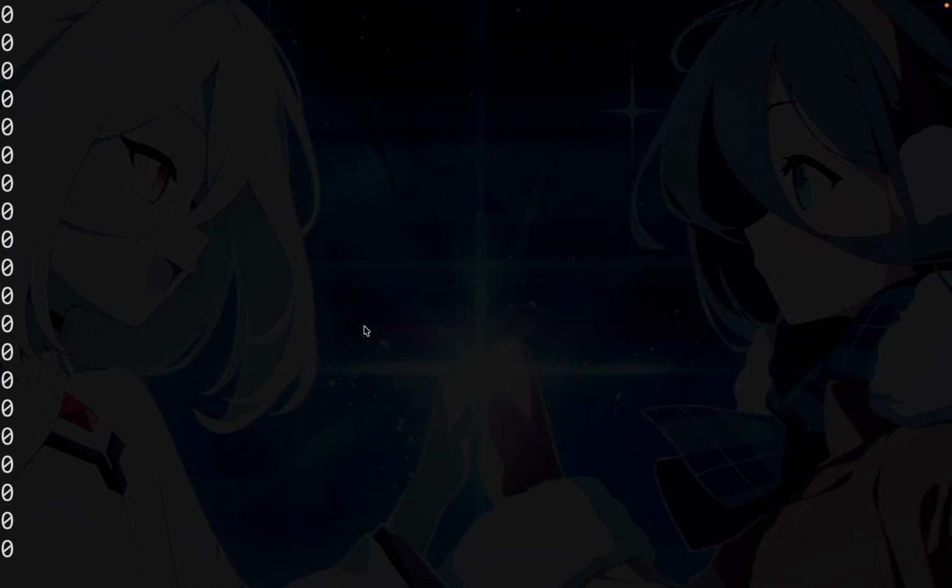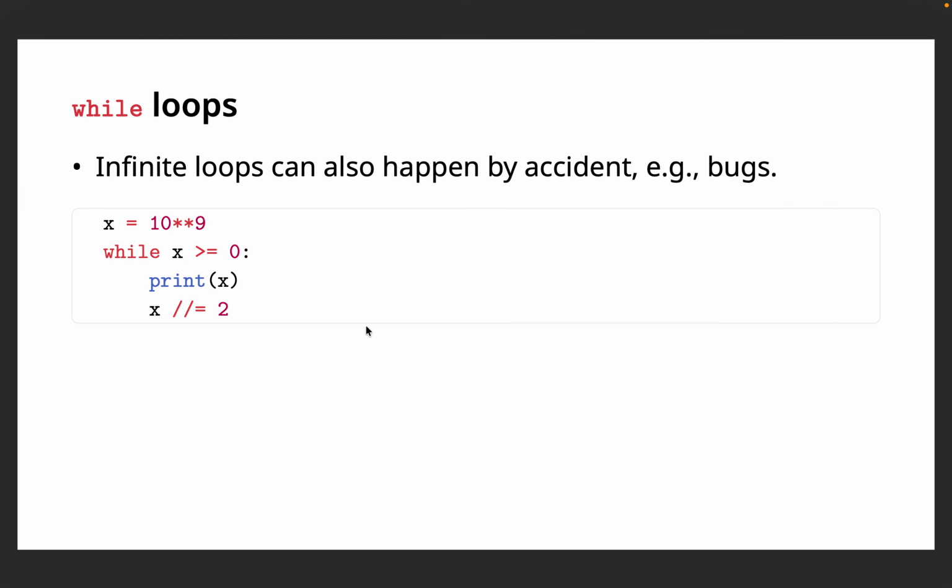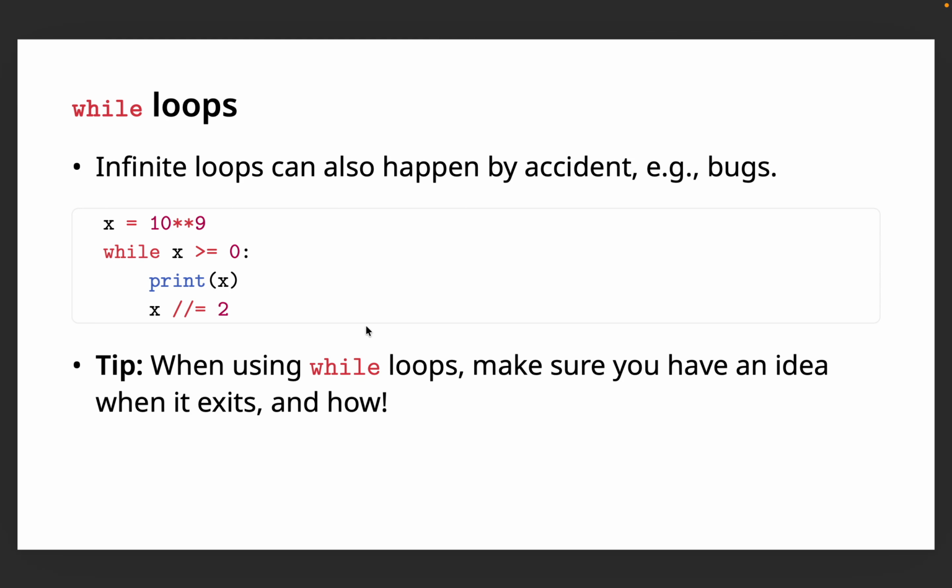So this is an infinite loop, so be careful about that. Whenever you make a while loop, it's very important that you know for sure when this condition actually becomes false, or you know that this will eventually become false. Otherwise, you will run into an infinite loop.